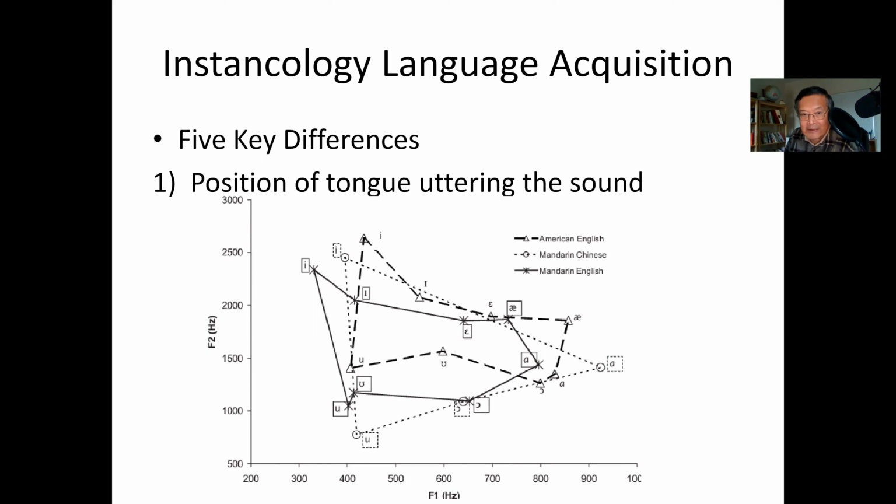Train your mouth and tongue to reach, to touch that exact location of the sound so that you can pronounce it accurately, like native speakers. Okay? So pay a lot of attention to this. Otherwise, you can never, ever sound like native speakers.